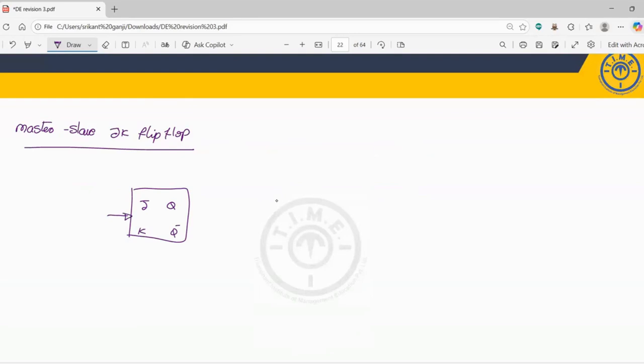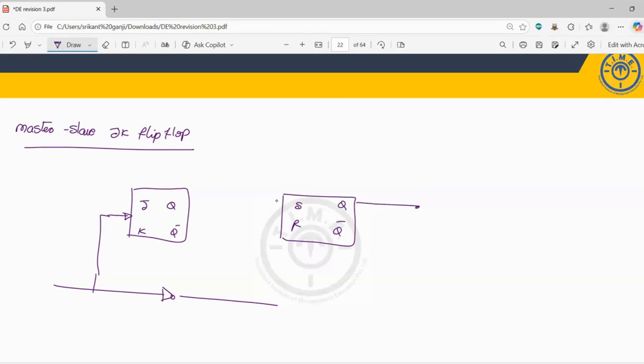Here I am giving the clock pulse, and one more clock pulse is given to the second stage. So it is a combination of SR flip-flop and JK flip-flop. The present state Q is given to the S and Q bar is given to the R. And now there are two inputs, which are called J and K. So this is about the master slave JK flip-flop.